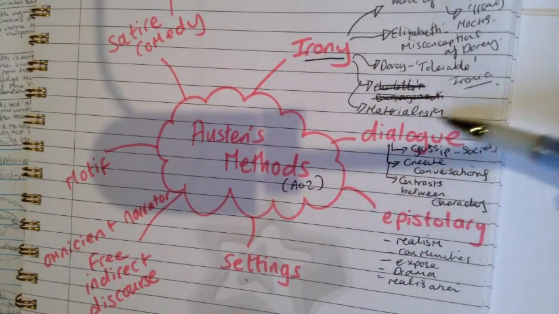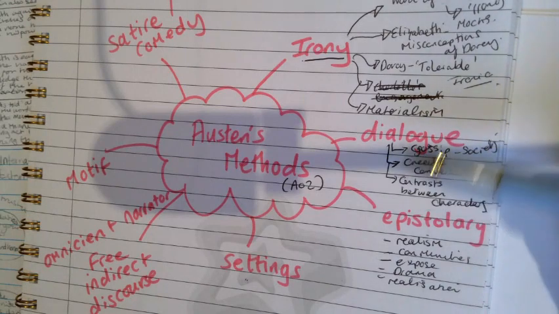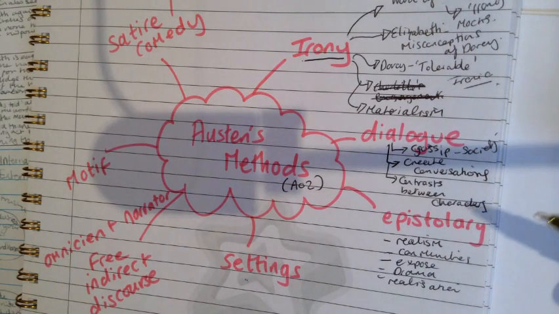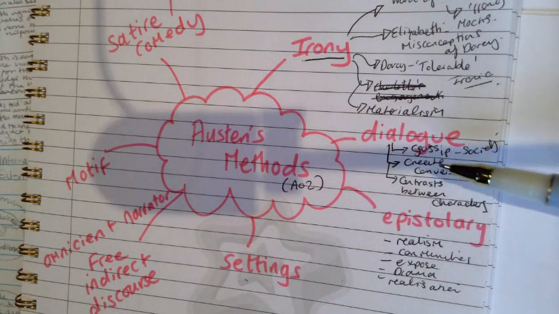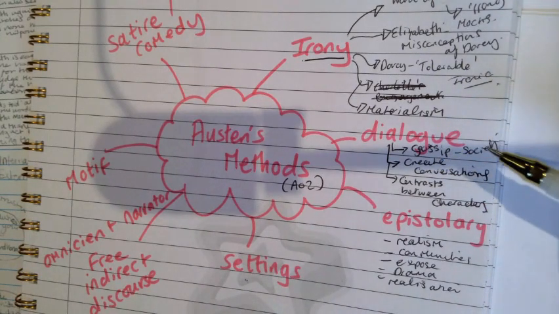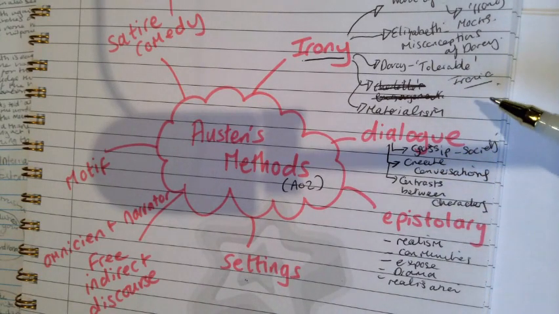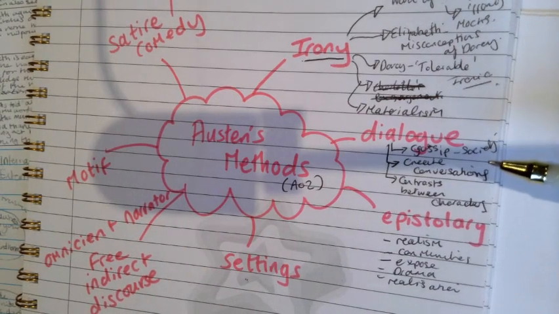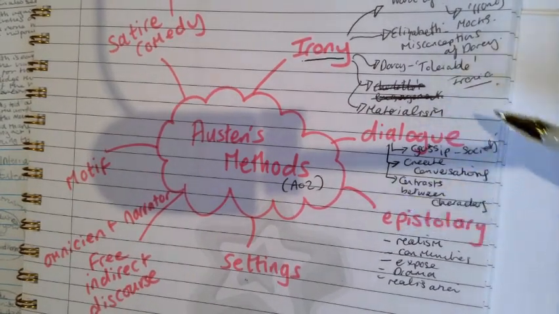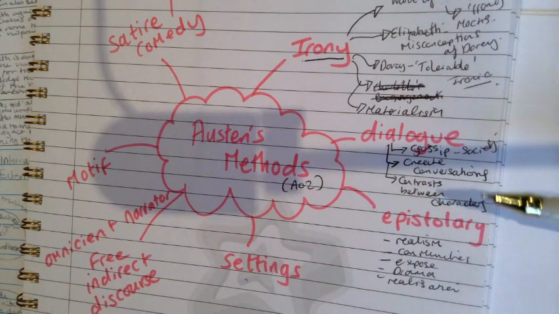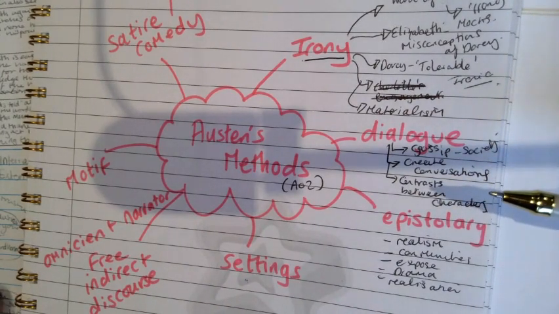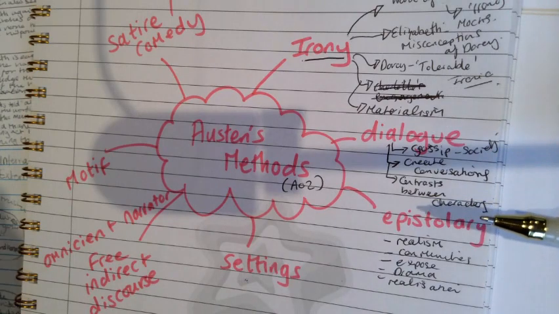It creates this kind of gossipy feel to the novel, and this novel is about gossip and tittle tattle, all the busy goings on and the interactions between high society, really, or the gentry folk or the country folk.